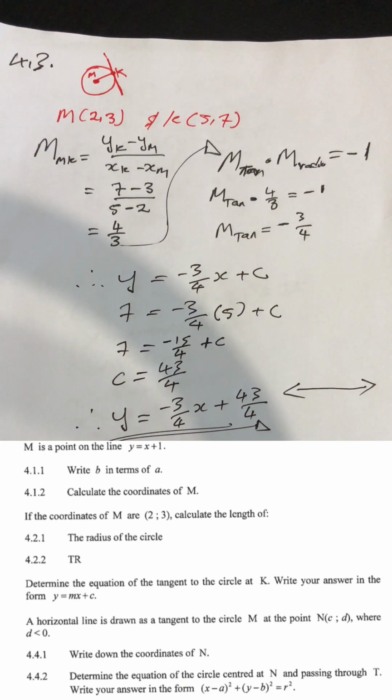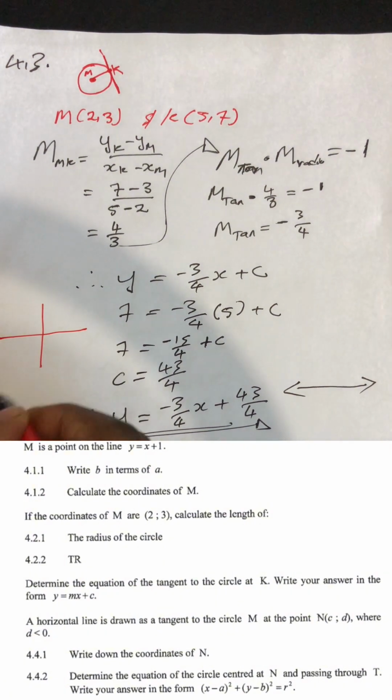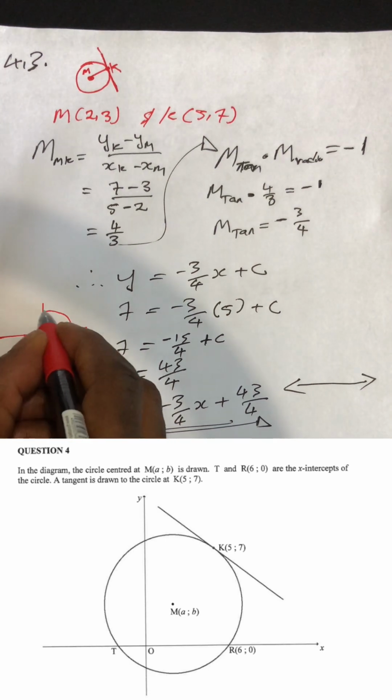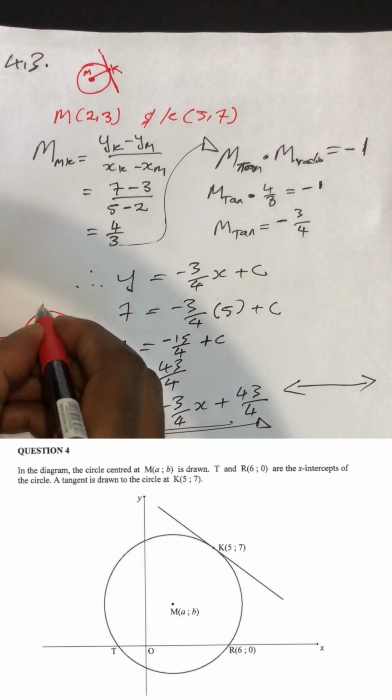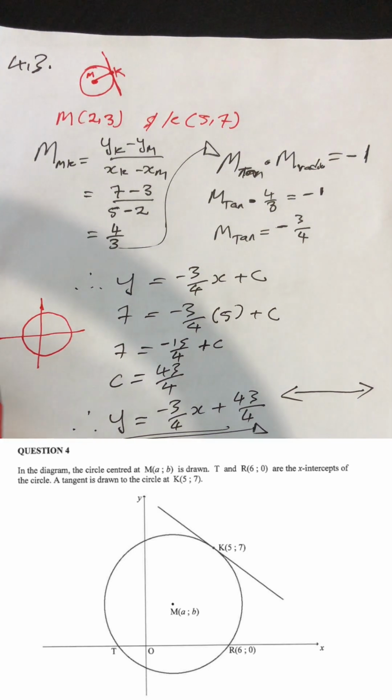So obviously, good people, we have this circle somewhere here. Let me just try to draw it here. We have a circle that looks like this. They are saying that we have a horizontal line, and I told you that is this line.